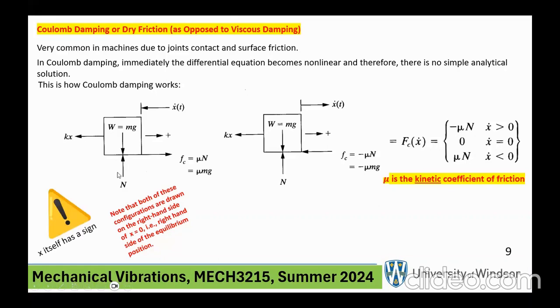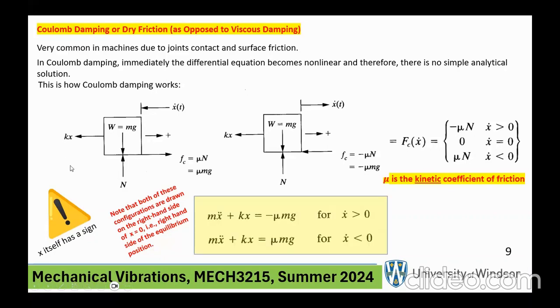On one side is positive, on the other side is negative. So in fact, this kx can be pointing in the other direction depending on where you are when you draw the free body diagram, to the left of the equilibrium position or to the right of it, because the algebraic sign of x can be positive or negative. But anyway, let's not worry about that complication.